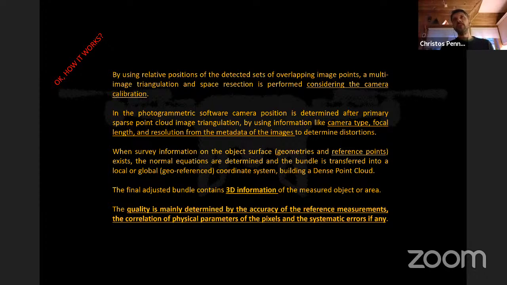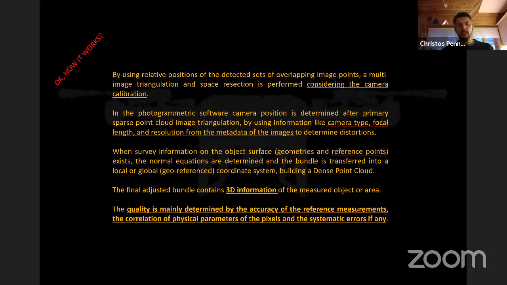In order to transfer the data into a global georeferenced coordinate system, we should give the software extra information about real world coordinates for each picture.